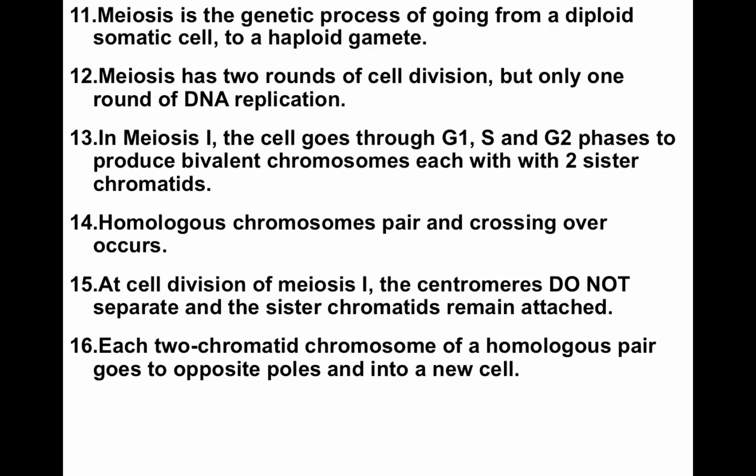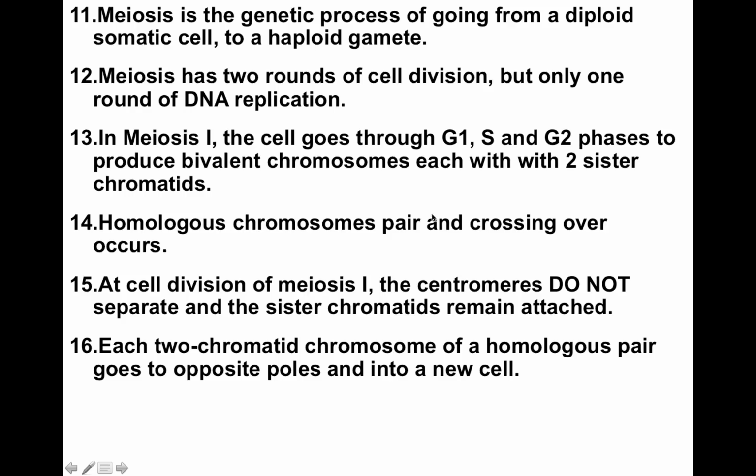Meiosis is the genetic process of going from a diploid somatic cell to a haploid gamete. Meiosis has two rounds of cell division, but only one round of DNA replication. In meiosis I, the cell goes through G1, S, and G2 phases to produce bivalent chromosomes, each with two sister chromatids.